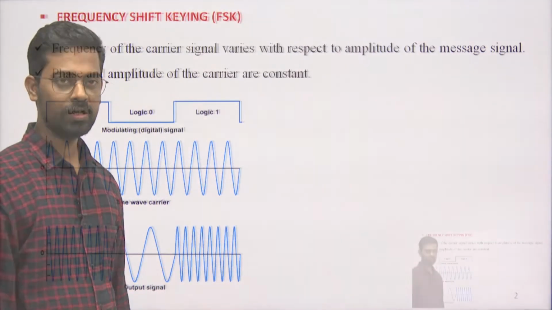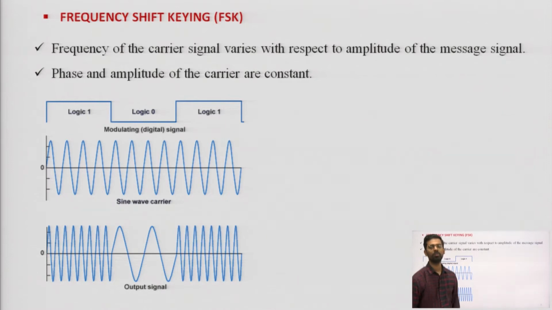In the last lecture we learned about ASK, amplitude shift keying. The definition is that the amplitude of the carrier signal is shifting with respect to the message bits. We have already seen the binary ASK transmitter and binary ASK receiver.